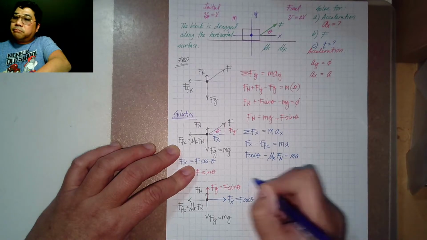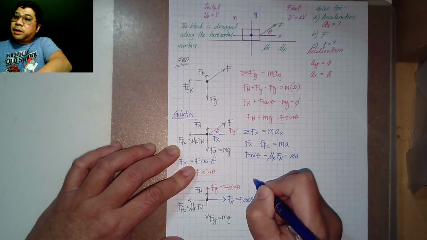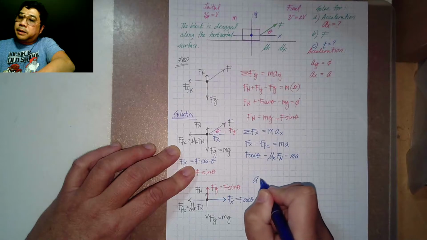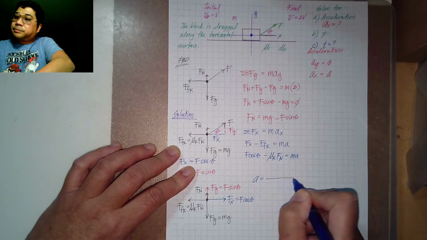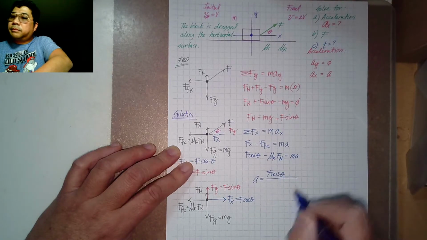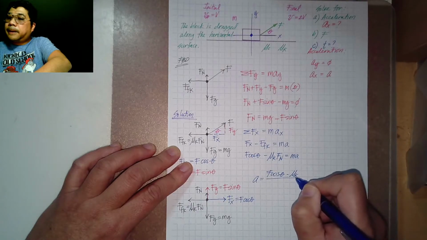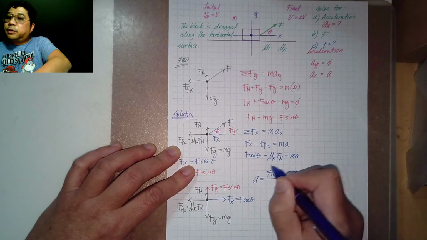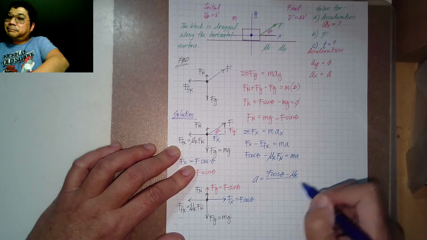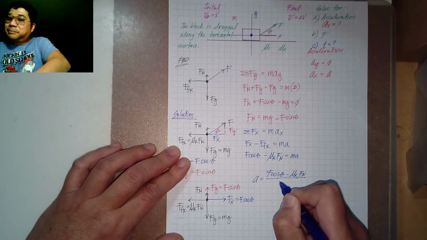So by dividing both sides by m, this will give us a, and that is F cosine theta minus mu k times normal force Fn over m.